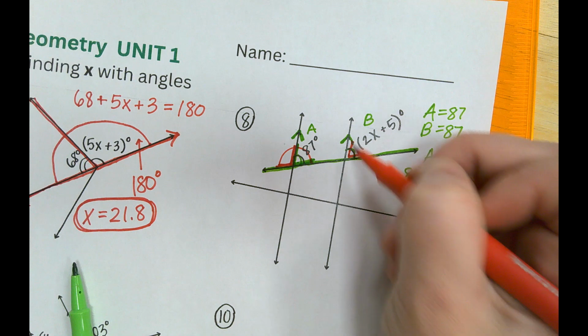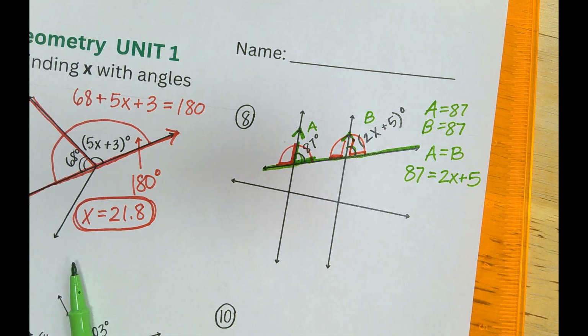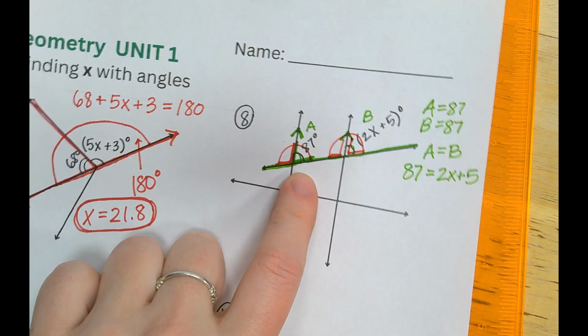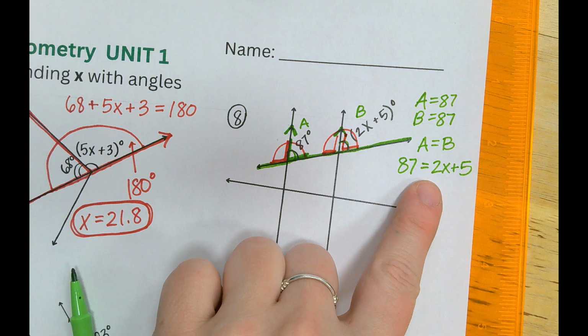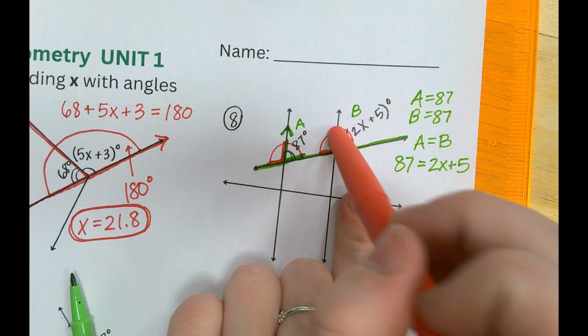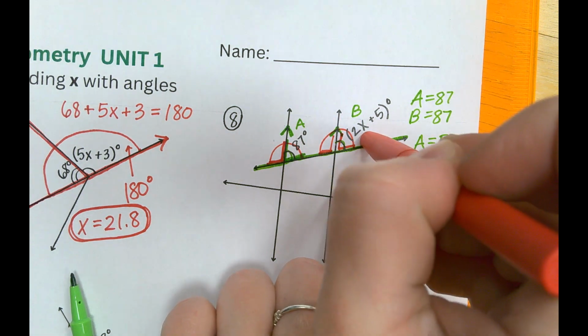Also, this angle and this angle give us 180 degrees. Okay, well, I have that. But at the end, you see how you have 87 equals 2x plus 5? Doesn't the 180 not matter, does it? No, in this case, knowing that this is a straight angle will not help us.